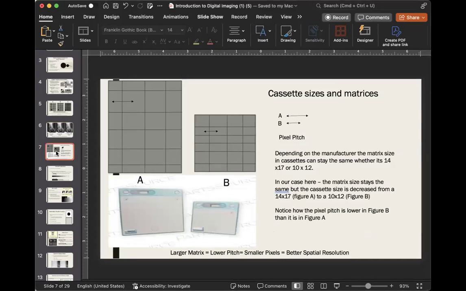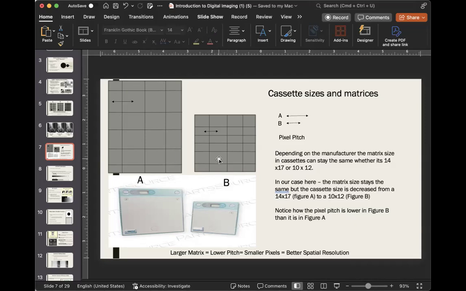When we're looking at things here, we're looking at cassette sizes in a matrix. All right. And so with cassette sizes in matrix, what we're seeing is that some manufacturers create cassettes that have the same amount of pixels, even if we have a different size of detector, or a size of receptor.